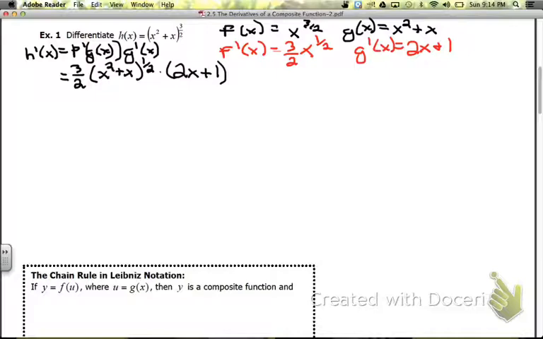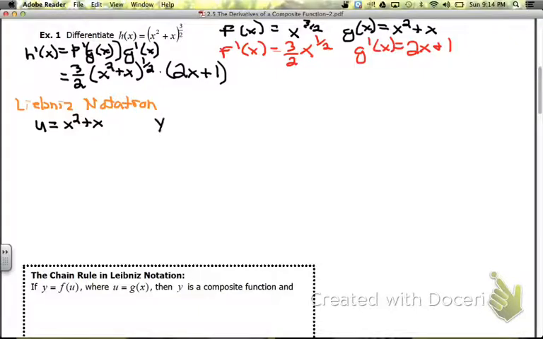Now, another way that I want to look at that is using our Leibniz notation here. When we're using this notation, we're going to use our terms u and y. We're going to derive the exact same thing, it's just using a different notation. So with this above, we are going to say that u is equal to x squared plus x.